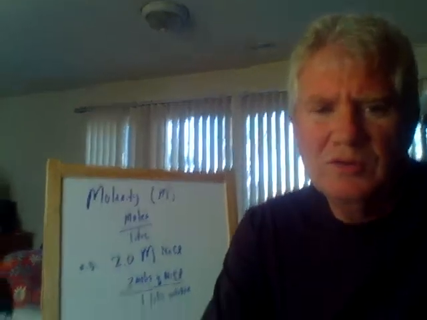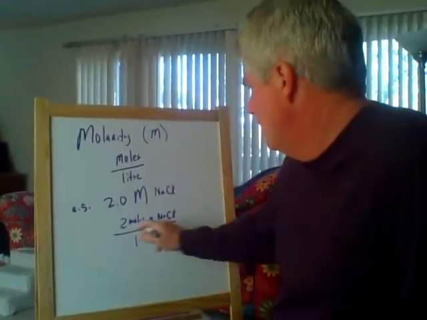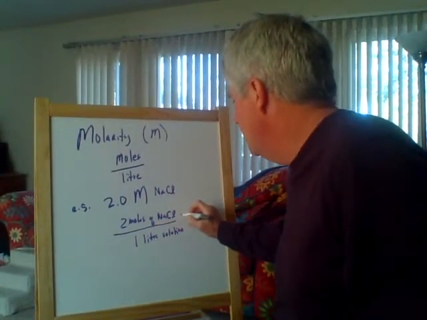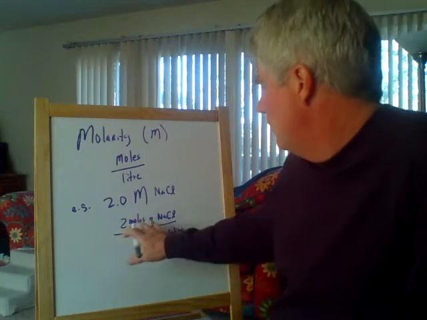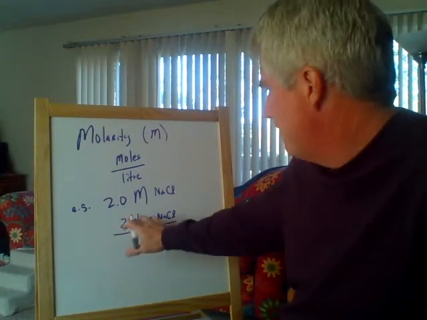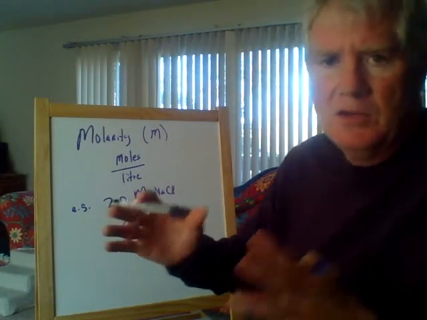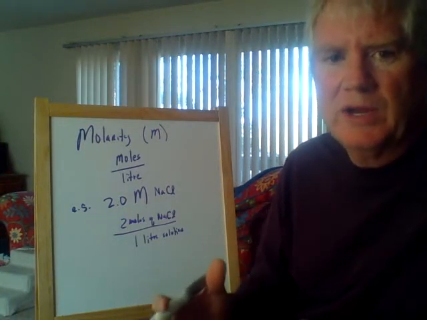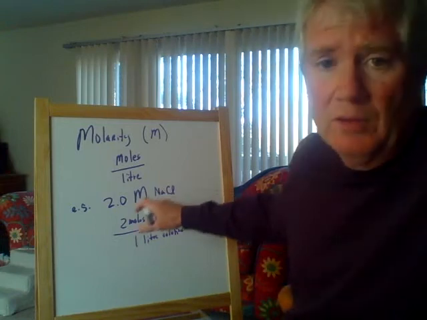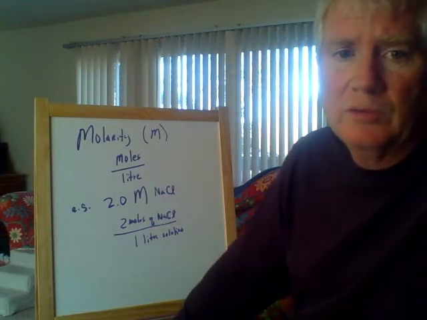Now we know how to convert moles of sodium chloride to grams of sodium chloride, right? So molarity is a term that refers to how concentrated the solution is, in this case the salt solution.